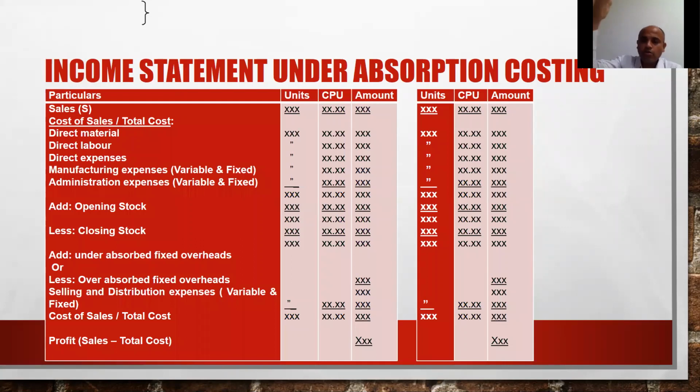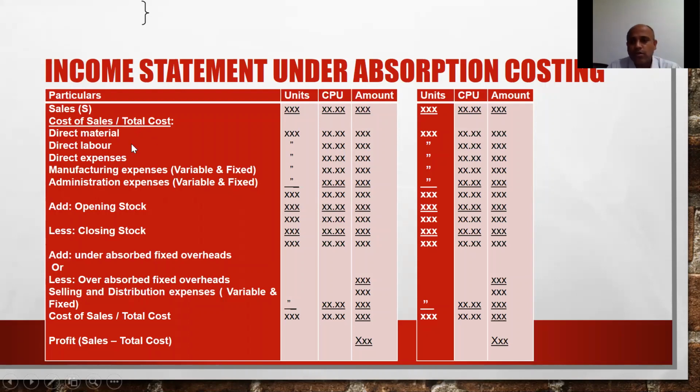Direct material consumed, direct labor, direct expenses, gives you prime cost, then add factory overheads, gives you works cost, then add administration overheads, gives you cost of production, then add opening finished goods, deduct closing finished goods, you get cost of goods sold, then add selling and distribution overheads, you get cost of sales, then you add profit, you get total sales.